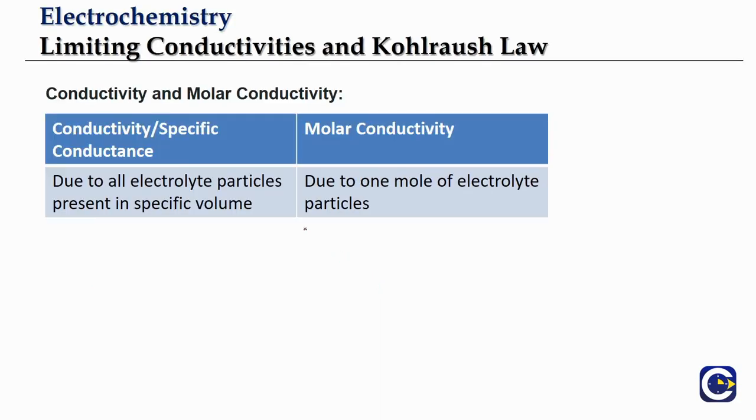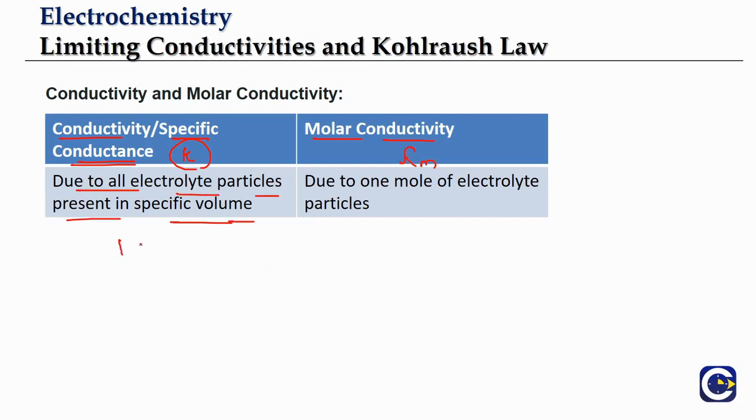So if you basically look at the difference between conductivity, which we also call as specific conductance, this is kappa, and molar conductivity, lambda m. The difference between these two is conductivity or specific conductance is due to the electrolyte particles present in specific volume.